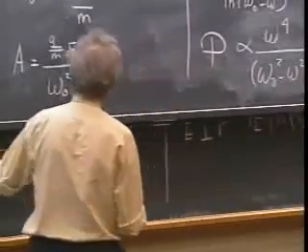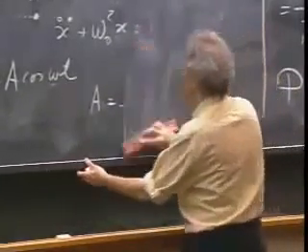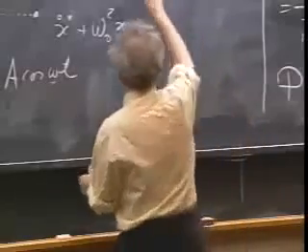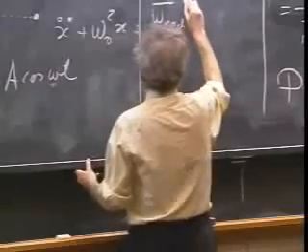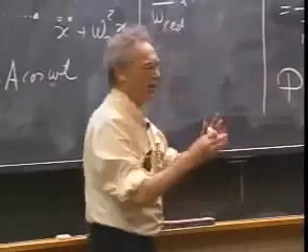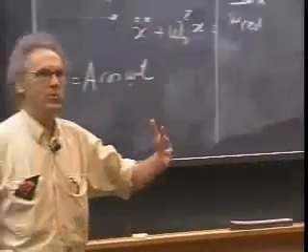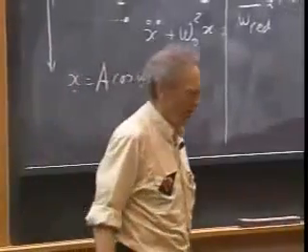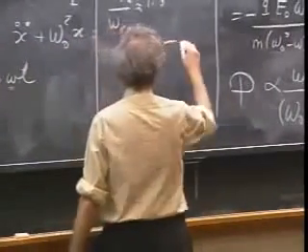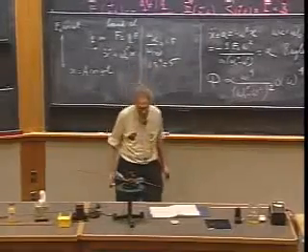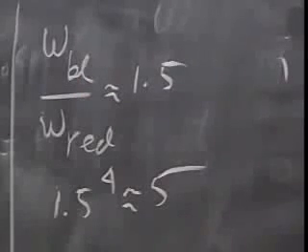Let me try to stay on the center board and show you what the difference in frequency is. Omega blue divided by omega red is approximately 1.5, taken on either side of the spectrum. About 6,500 angstroms is red and 4,500 angstroms is blue. That means 1.5 to the power 4 is about 5, and so blue light has a 5 times higher probability to be scattered than red light.